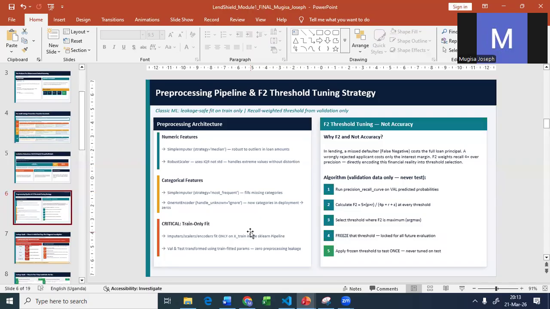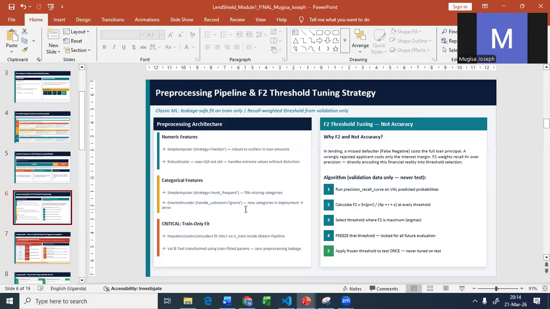You put a boundary and take out the outliers, and you use the interquartile range, which is robust to outliers, to compute the scale. It helps us handle extreme values without distortion. Why are we scaling? Because our models learn better with small values. They struggle with large values.